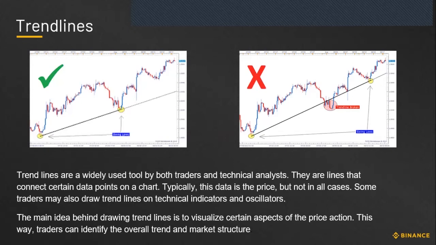I don't know if you studied economics, you understand that when there's a demand, the price increases. So the price of that asset increases as the demand increases as well. And as long as the price action stays above this line, it means that we have a bullish trend.